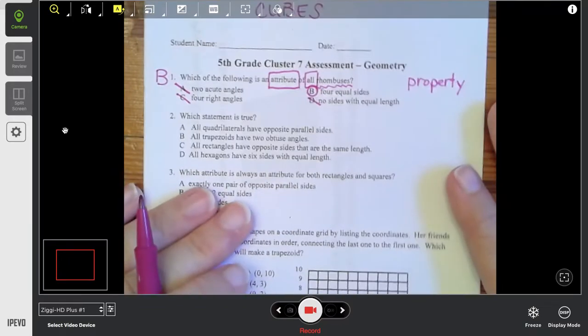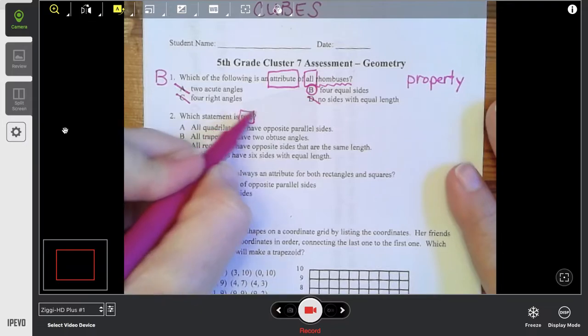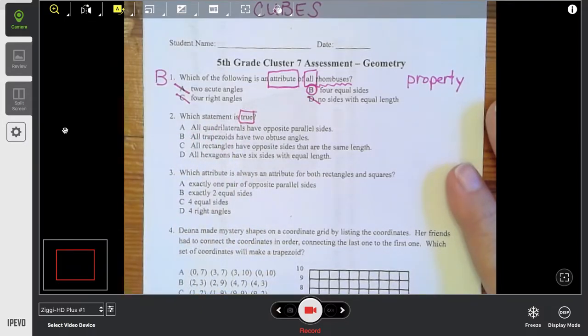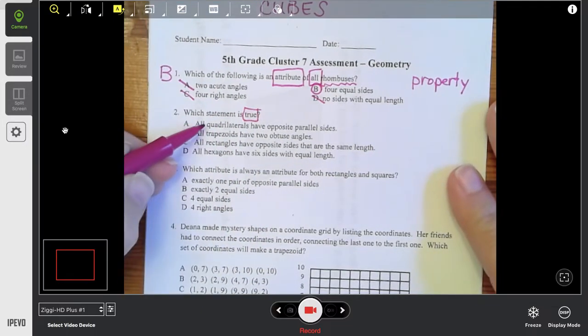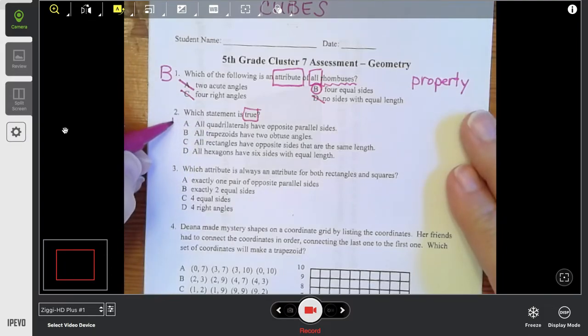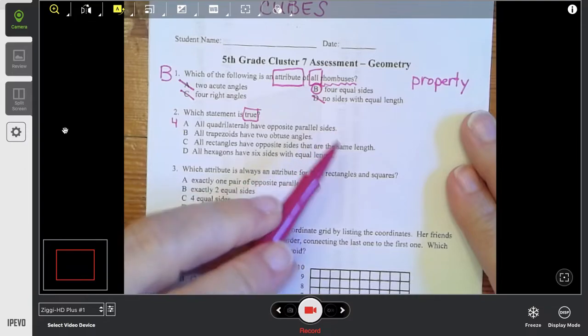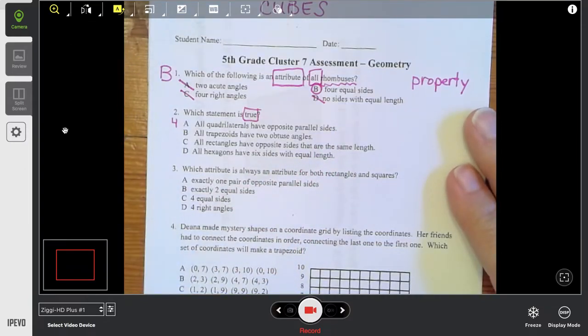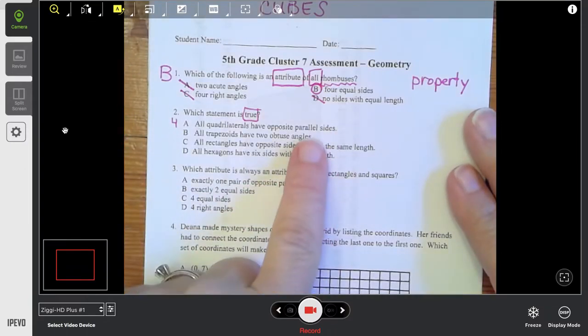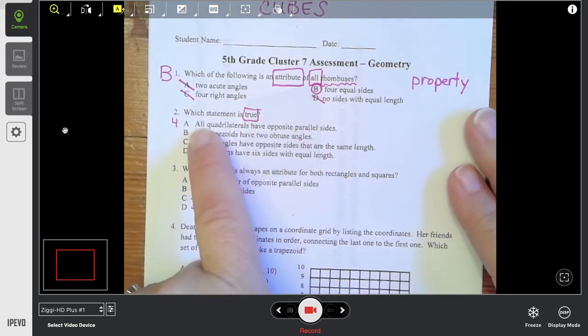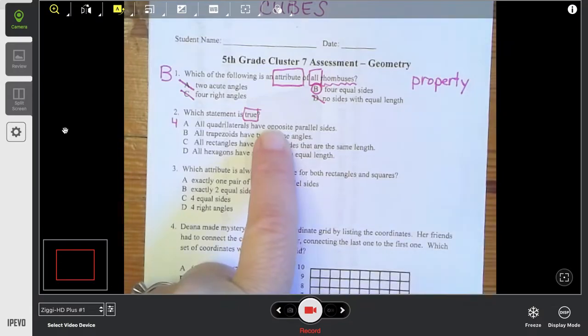Which statement is true? So we're looking for the true one, meaning 3 of these are going to be false. 1 of them is true. All quadrilaterals, and we know quadrilaterals have 4 sides, have opposite parallel sides. The way I usually go at these questions is if I can draw one that does not have opposite parallel sides, then I know this is false because it says all quadrilaterals have opposite parallel sides.